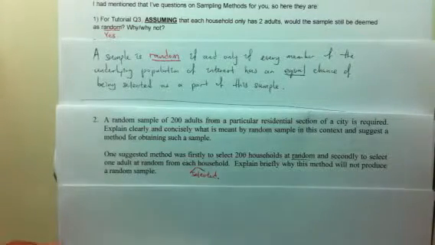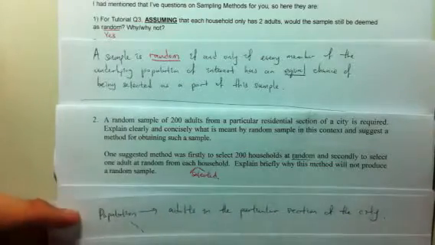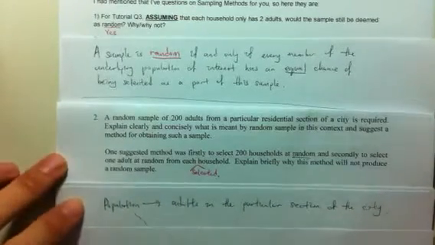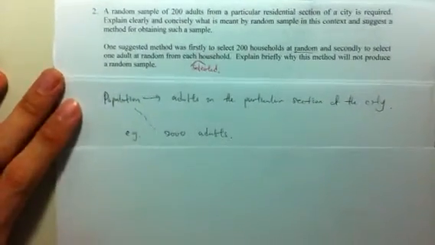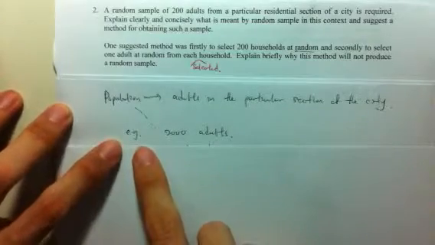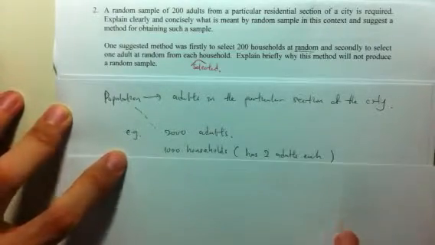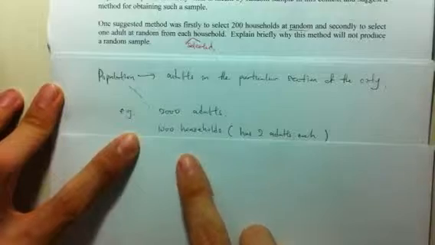Now consider this hypothetical example in which we have the adults in a particular section of a city. Now all these adults are making up the population of interest in this study. We have 2,000 adults in this particular section of the city, that's for example, and there are 1,000 households in this city.